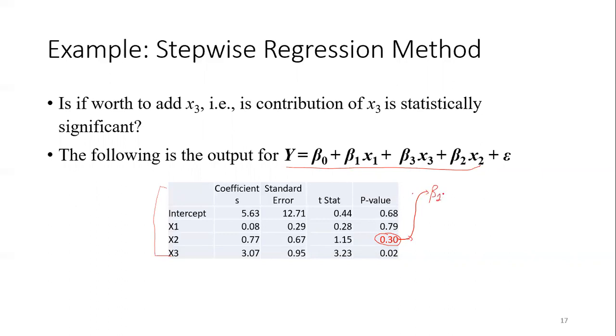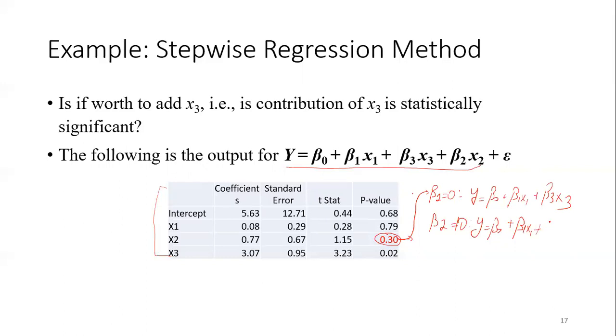Beta 2 is equal to 0, which refers to y is equal to beta 0 plus beta 1x1 plus beta 3x3, versus beta 2 is not equal to 0, right? Which is equal to beta 0 plus beta 1x1, right?